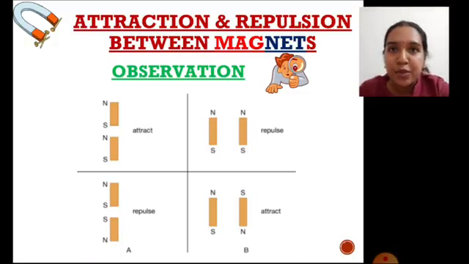And in this observation, you can see what happens when the magnets are placed in different positions with the poles they are paired with. They can be placed one above the other or side by side.